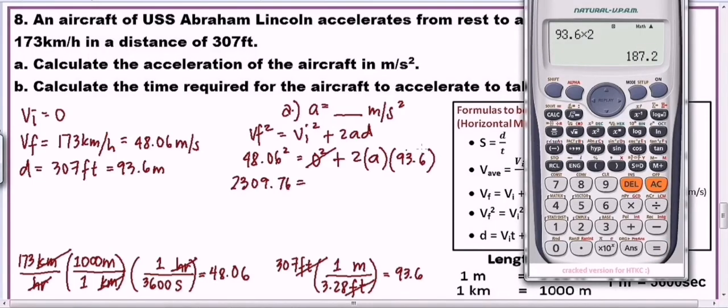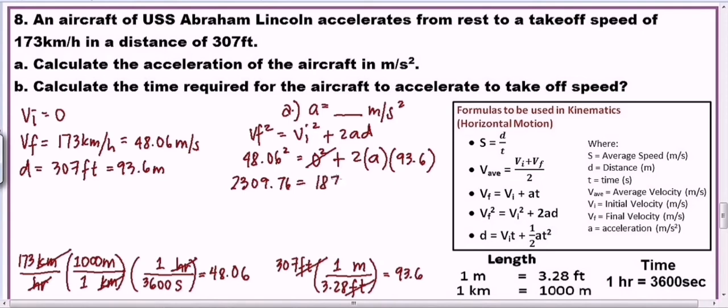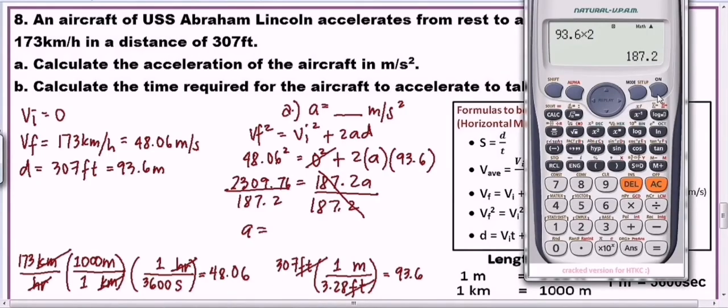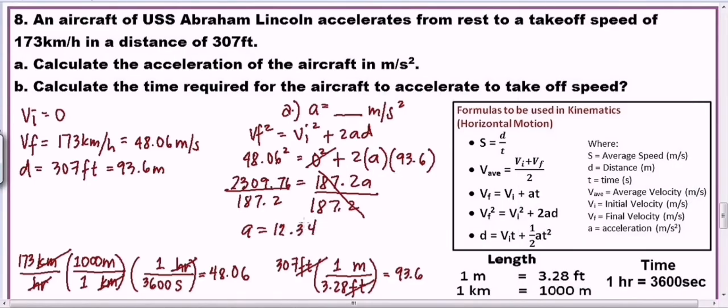Okay, so 187.2 A. So, 187.2 A. So, divide both sides by 187.2 to get the value of A. So, A equals 2309.76 divided by 187.2. So, the final answer in acceleration is 12.34. So, 12.34 since acceleration 'to, meter per second squared. So, the final answer is 12.34 meter per second squared. Okay?